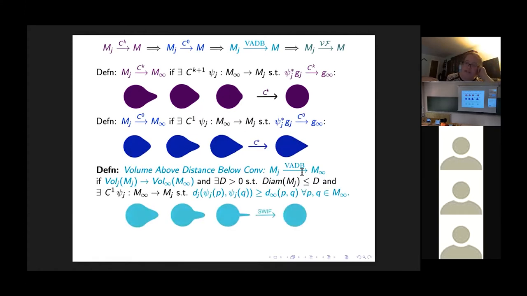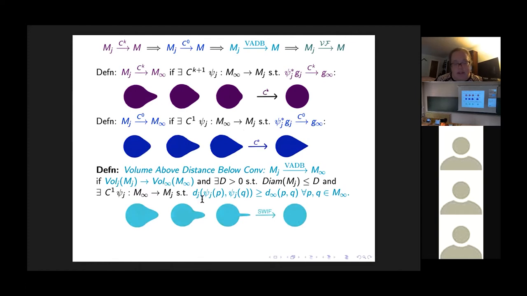Volume above, distance below convergence only requires that the volumes converge, that there's a diameter bound, and that you have lower bounds on the distance. So it's not two-sided like these two, which give you two-sided bounds on the distance. Now you only have the distance below and volume coming down from above. And this gives you a Swift limit, or a VADB limit in this case.